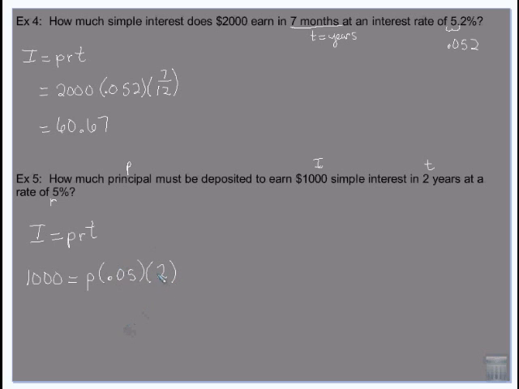So I can multiply these two together, is 0.1, divide both sides by 0.1, and I get that P is $10,000. So if you deposit $10,000 for 2 years at 5%, you'll earn $1,000.